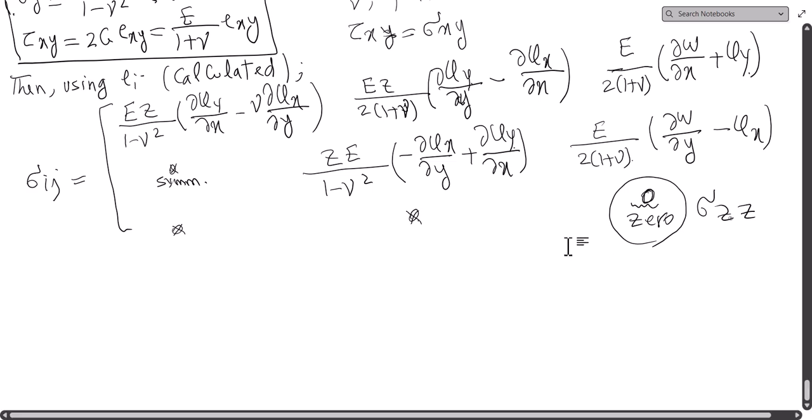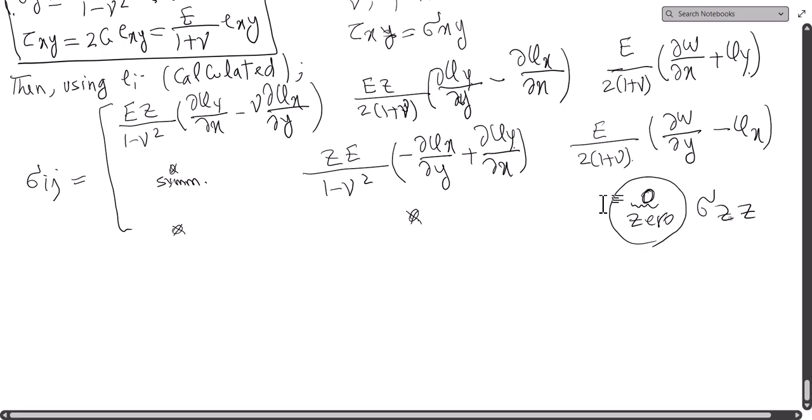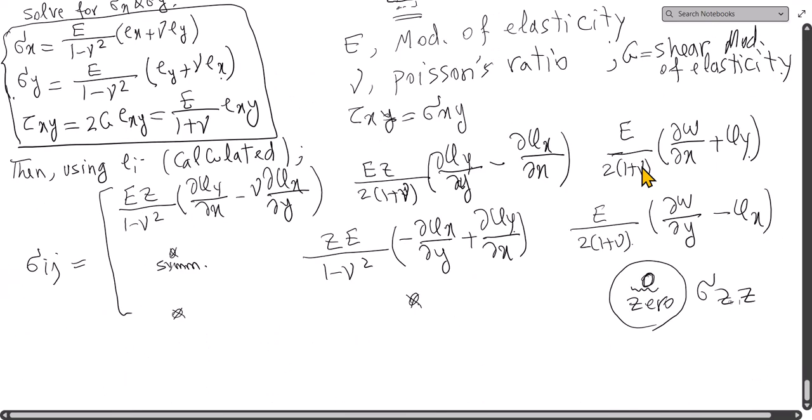If you recall, or if you have watched the video for Kirchhoff plate theory, and again I highly recommend that you do that before Mindlin, we didn't have these two transverse shear stresses. But now we have them, but still we have the normal stress 0.